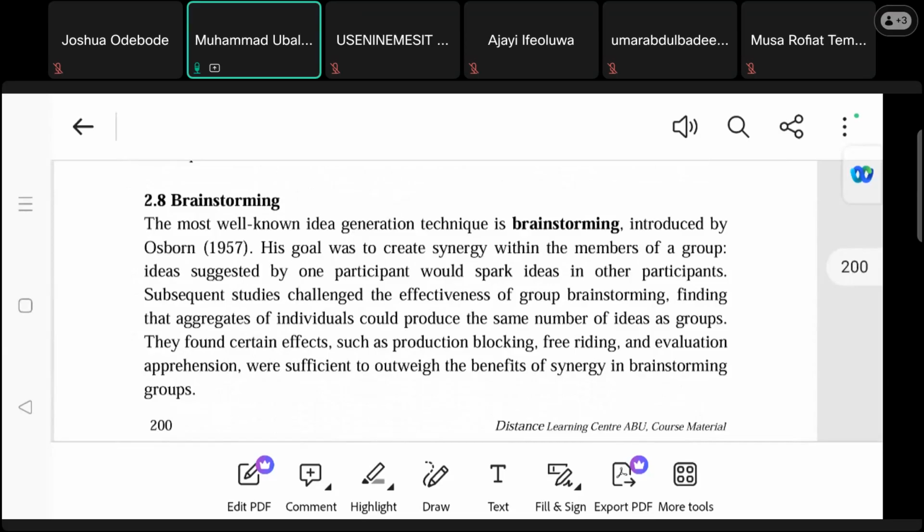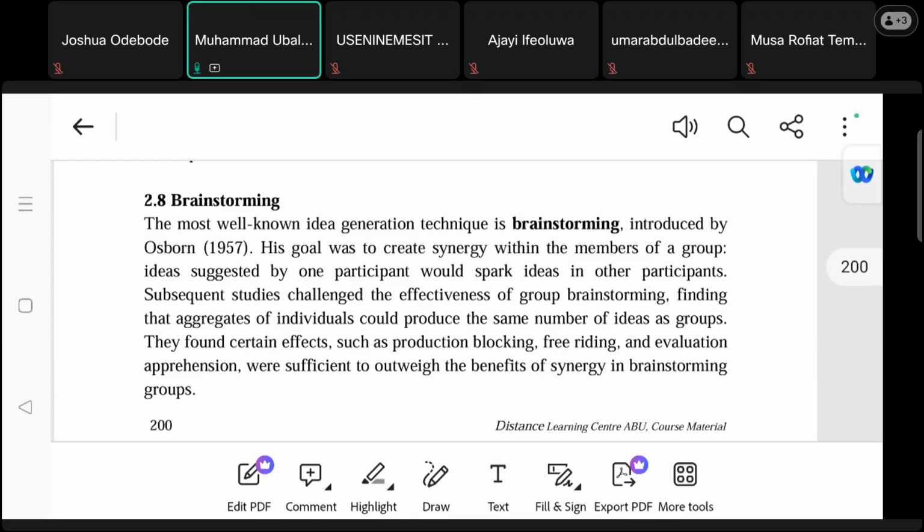When we talk about brainstorming, we are talking about a goal that creates a synergy within the members of a group where ideas are being spread or where ideas are sparked so that participants can engage in an effective brainstorming process, finding ideas, aggregating of individuals that could produce the same number of ideas as a group.